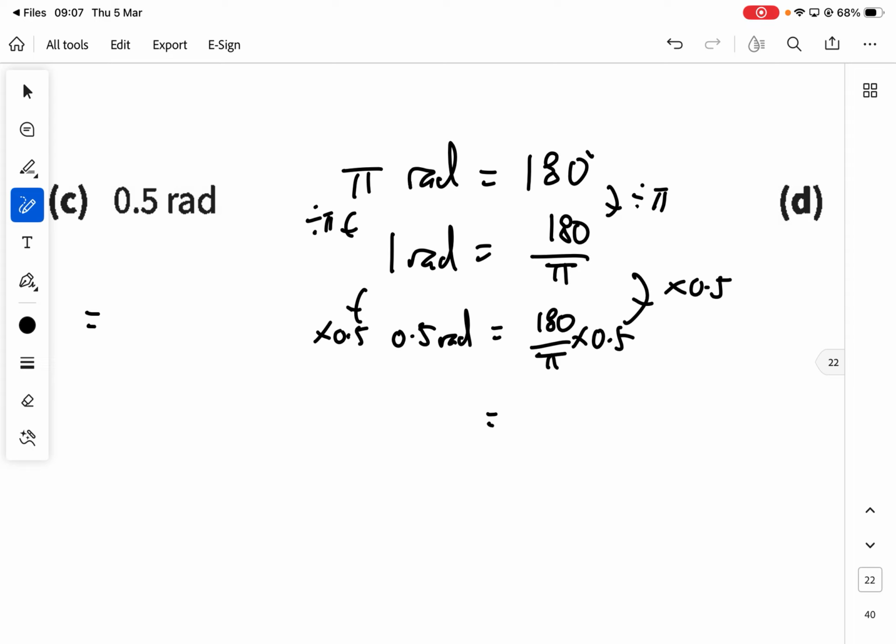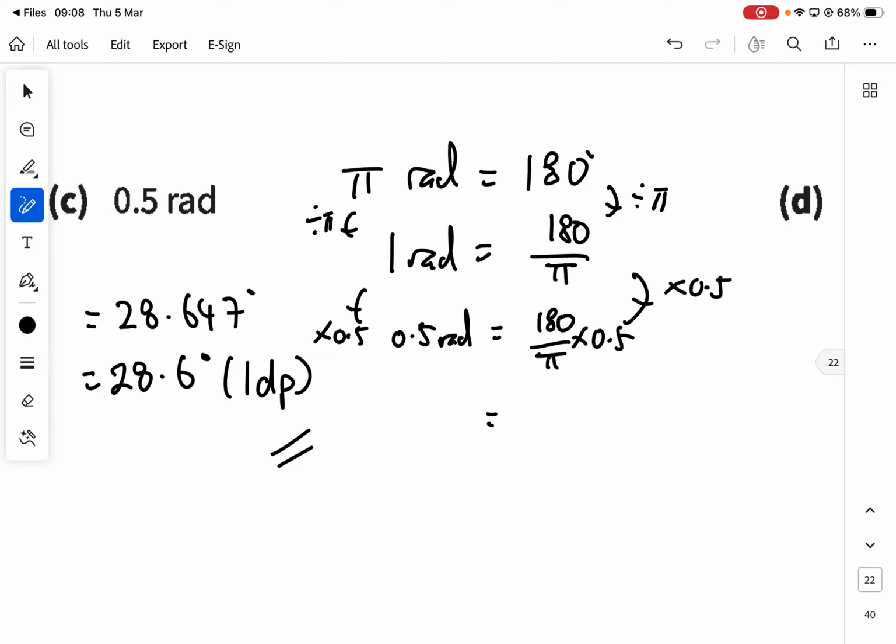When I press cosine 9 pi over 10, my calculator will tell me negative 0.951.